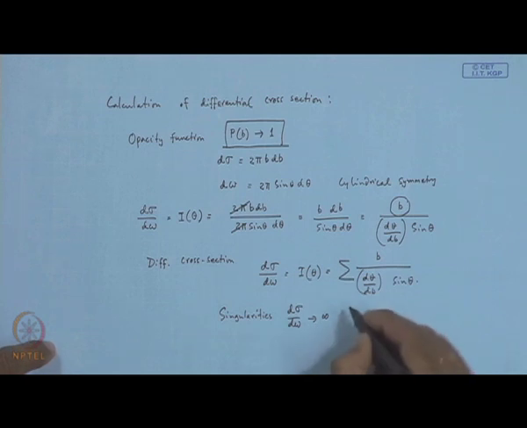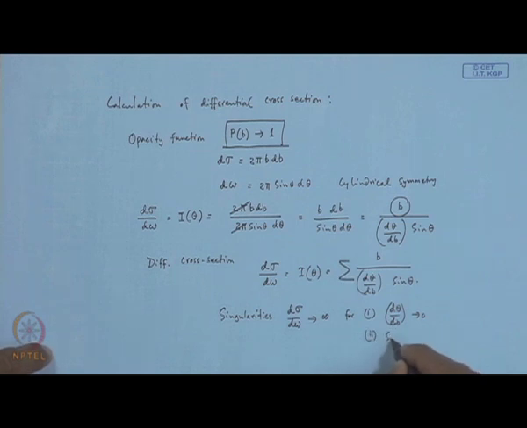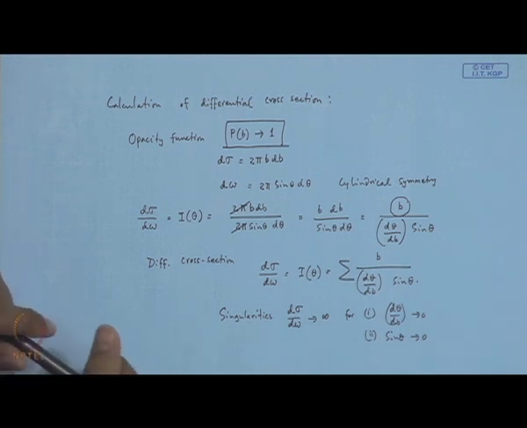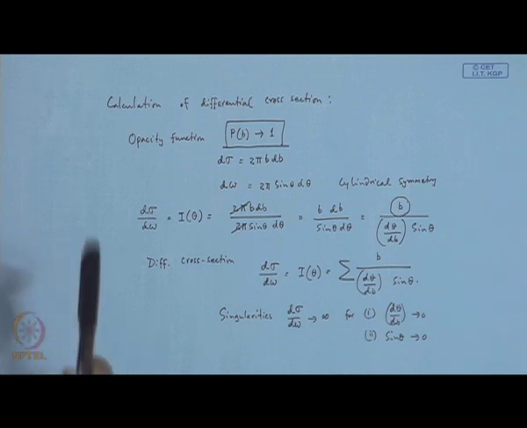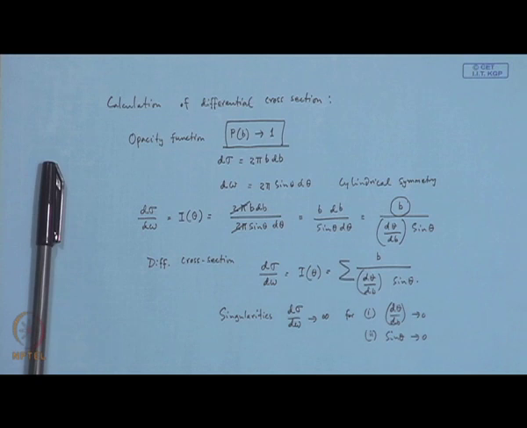That is, it tends to infinity for number 1, dB d theta tends to 0, or number 2, sin theta tends to 0. Sin theta tends to 0 is one situation, and dB d theta tends to 0 is another situation. So these are the two extreme situations that we might look into.